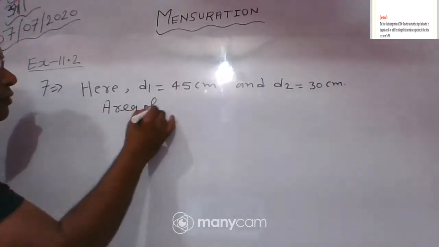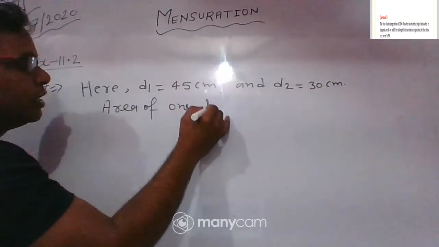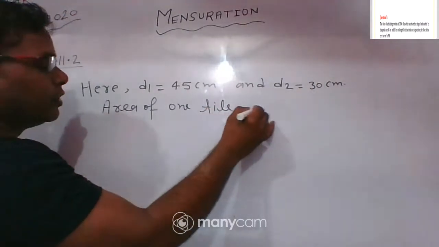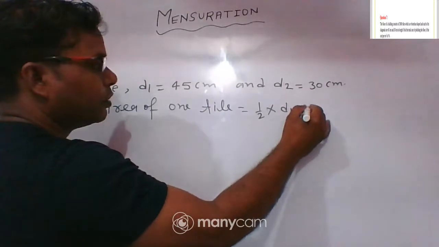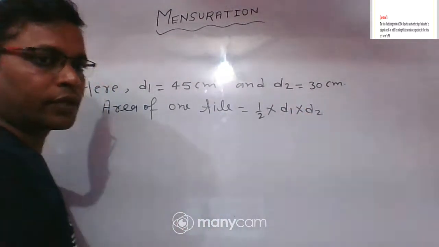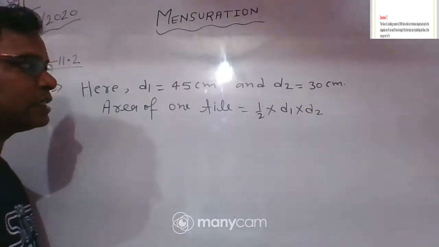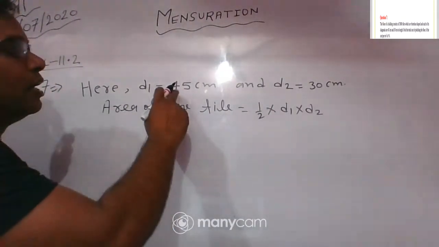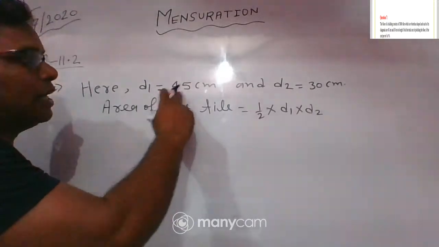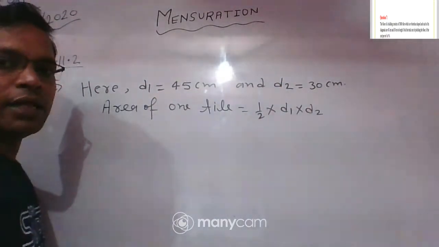Area of one tile is equal to 1 by 2 d1 into d2, because the question told us that the tile is in the shape of a rhombus and the 45 and 30 centimeters are the diagonals of the rhombus.